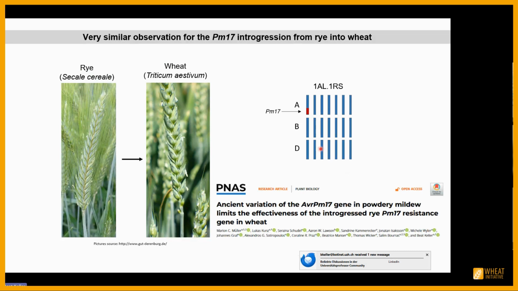So this was the story of PM8, and we found a very similar observation for PM17, the other rye resistance gene, which was introgressed on a different chromosomal translocation. But basically, it's the same story, and I don't want to show you the data here. This is published work on the AVR-PM17 and its evolution and global distribution.